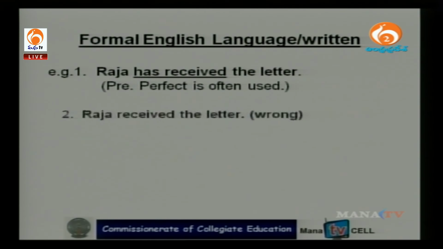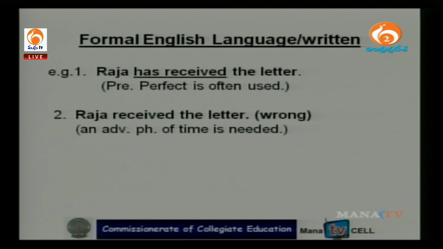Now, look at these examples. Raja has received the letter. Here the sentence contains the present perfect tense, and generally in formal language the present perfect tense is used. In the second sentence, Raja received the letter, we do not find when he received the letter.